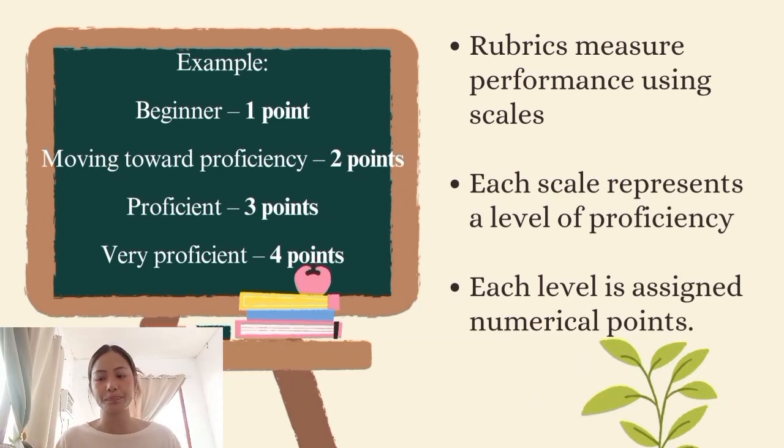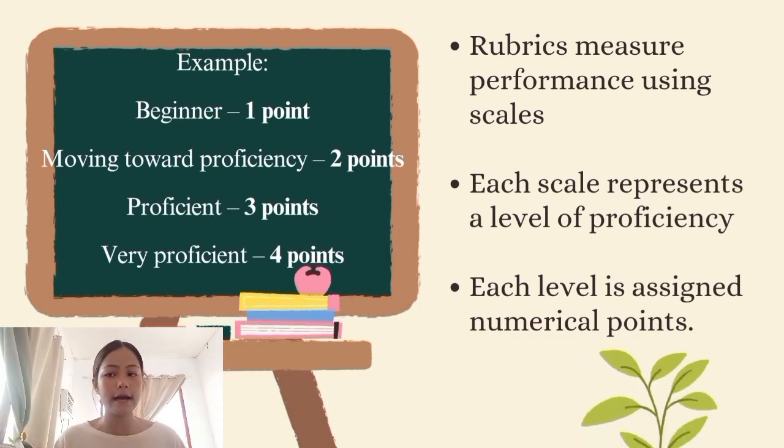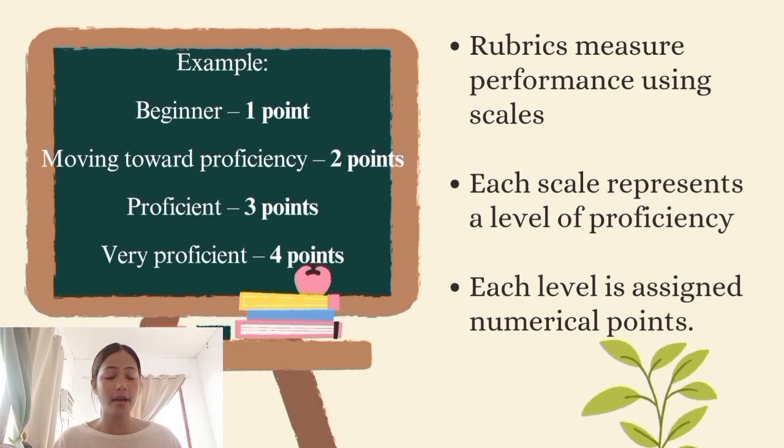For example, a student who is at the beginner level may receive 1 point, while a student who demonstrates very proficient performance may receive 4 points. These points allow teachers to convert qualitative judgments into quantitative scores.